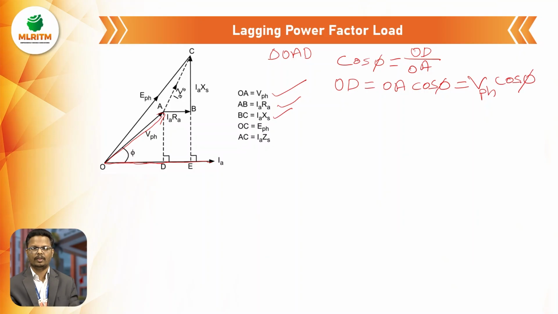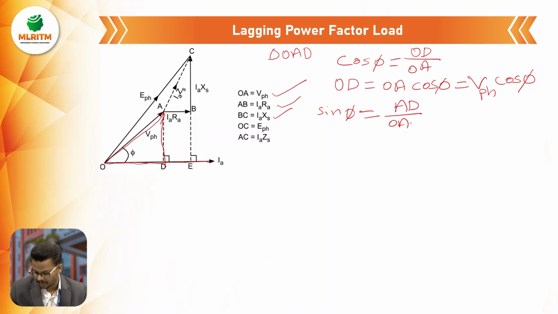V phase cos phi. For the same angle, now we apply the sine. Sine phi is equal to opposite side by hypotenuse. Here the opposite side is AD and the hypotenuse is OA.